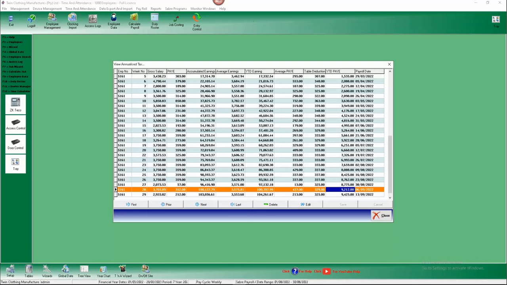So if you look at the next week, the 29th week, he only earned 2,900 Rand instead of 3,700 Rand. So obviously his tax is going to come down. But based on the tax table, and based on his average earnings, is 3,553 Rand, which means that his tax that he needs to pay is 325 Rand based on his average.